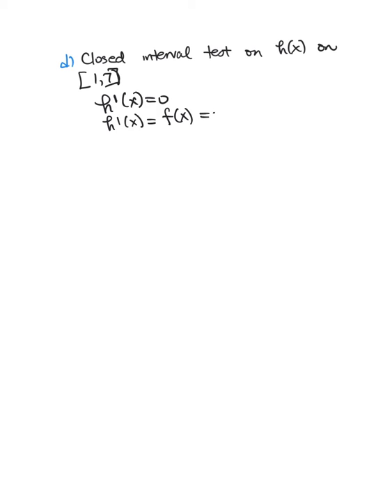And we set that to 0. And we see that f is equal to 0. The graph of f crosses the x-axis at x equals 5.